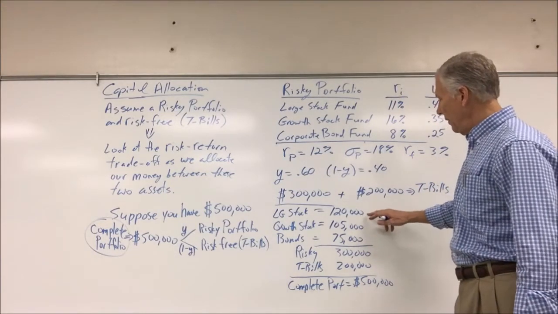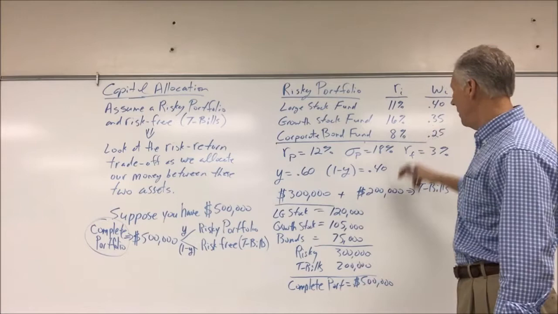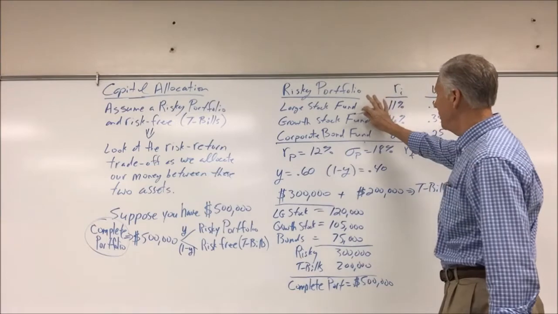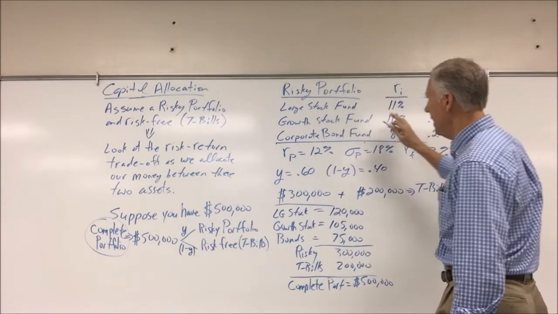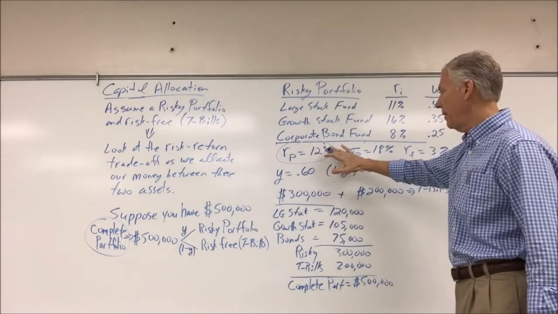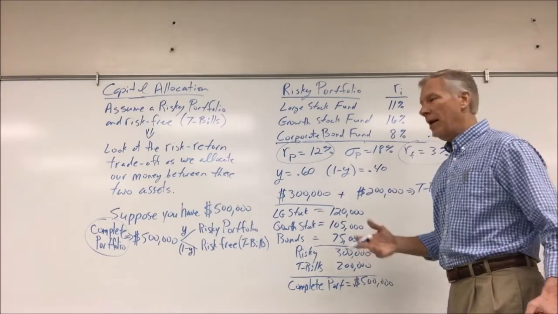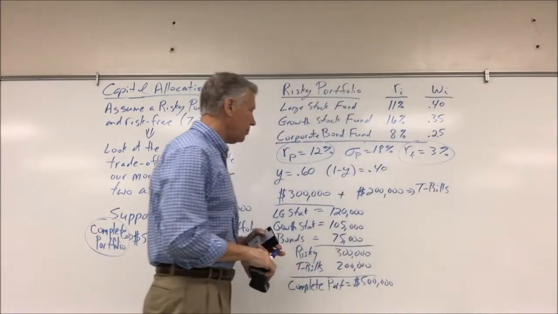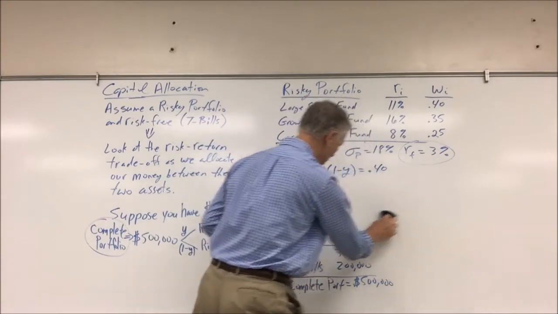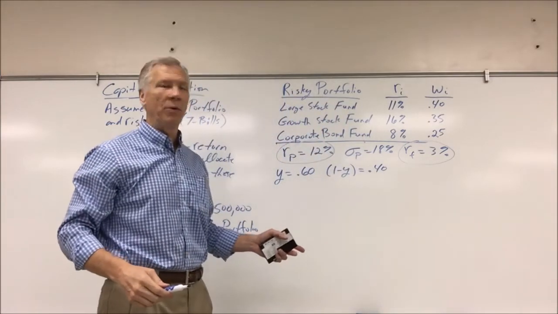Well, we could certainly look at each end of it and what percentage of my money I've got invested here, but I don't really need to do that because I know the money invested in the risky portfolio is going to earn on average about 12%. The money invested into T-bills is going to earn 3%. So just like we did a second ago, if I'm using Y as 0.6, what does my return look like for this complete portfolio?